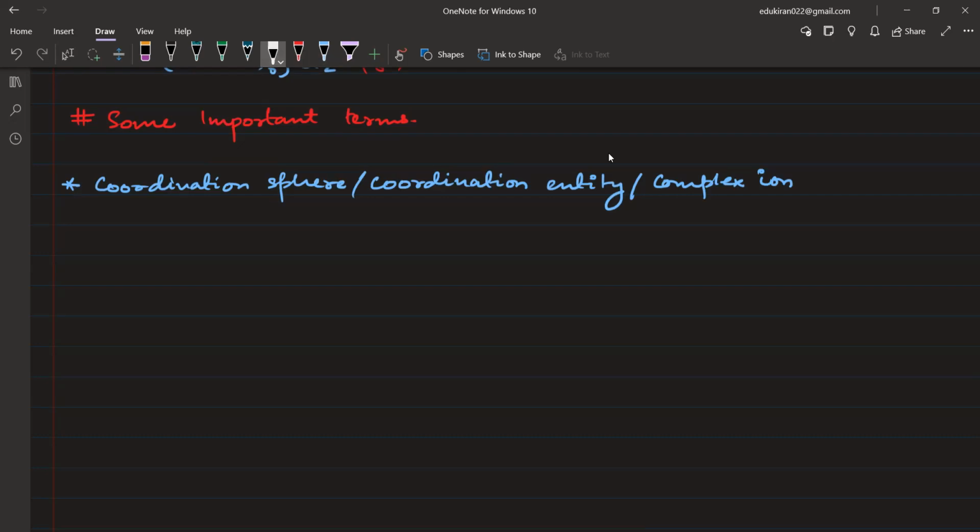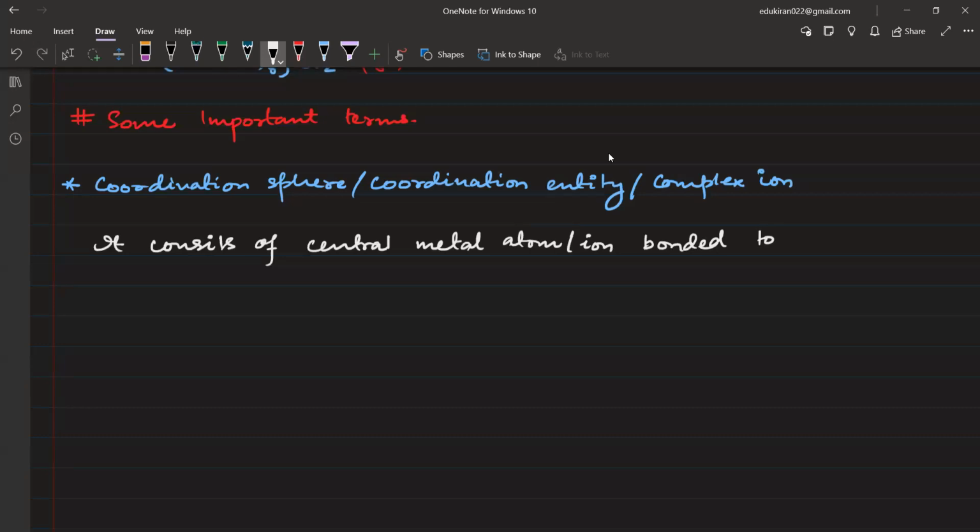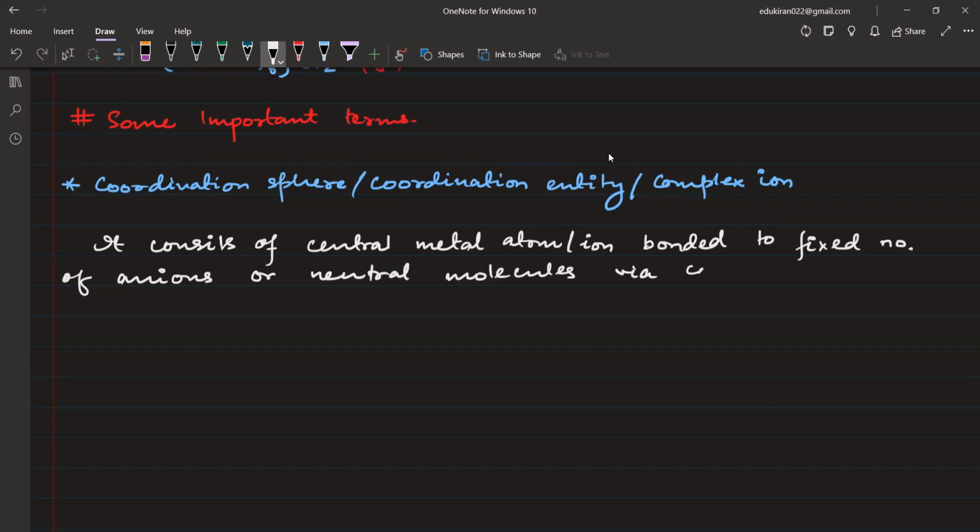It consists of central metal atom or ion bonded to fixed number of anions or neutral molecules via coordinate bond.